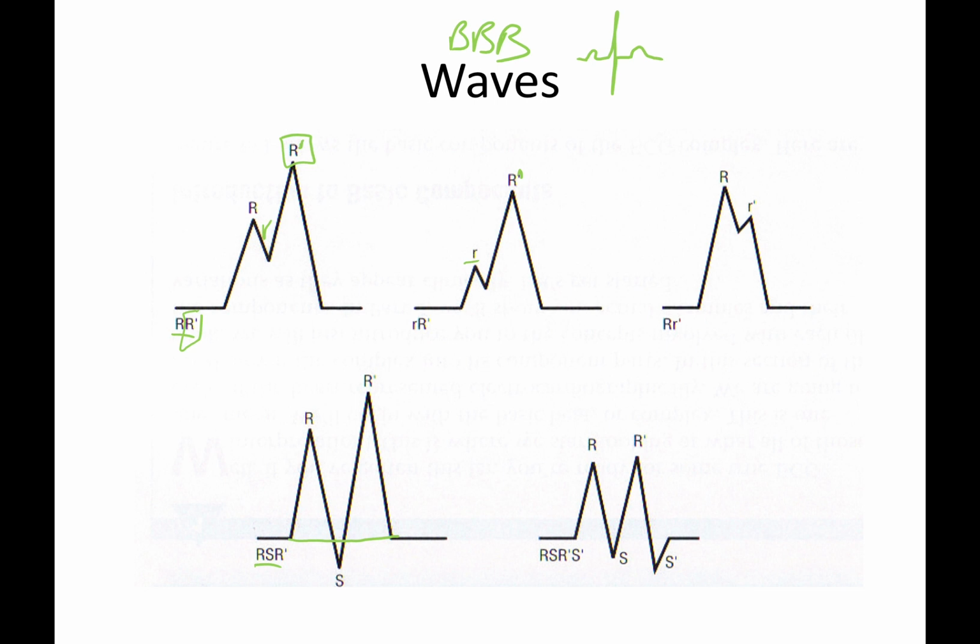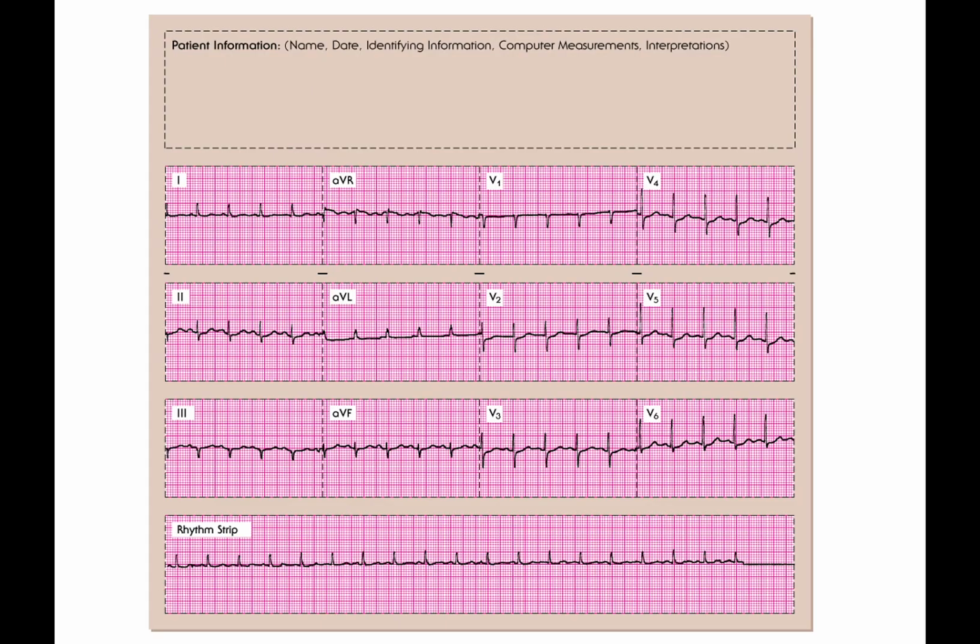Last thing I'll want to mention is that our first two examples here are a right bundle branch block, but these are classic for a right bundle branch block in lead V1, which is going to be a big portion of our next show. All right, and we'll pick back up here with the layout of the EKG and vectors.